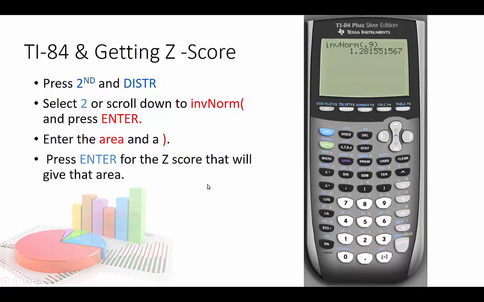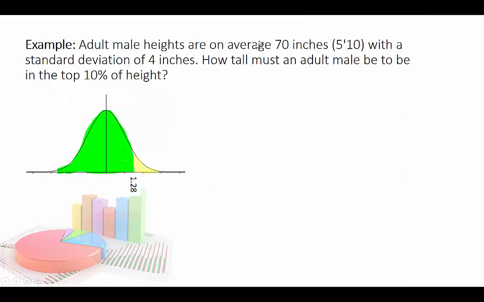So now that we have a z-score, how can we tell how tall an adult must be? Here's the z-score for that value. We know it's 1.28. And we have this equation, which is on the back of your math chart: z equals x minus mu over sigma. These, again, are population parameters when you have mu and sigma. So 1.28 is equal to x minus 70.